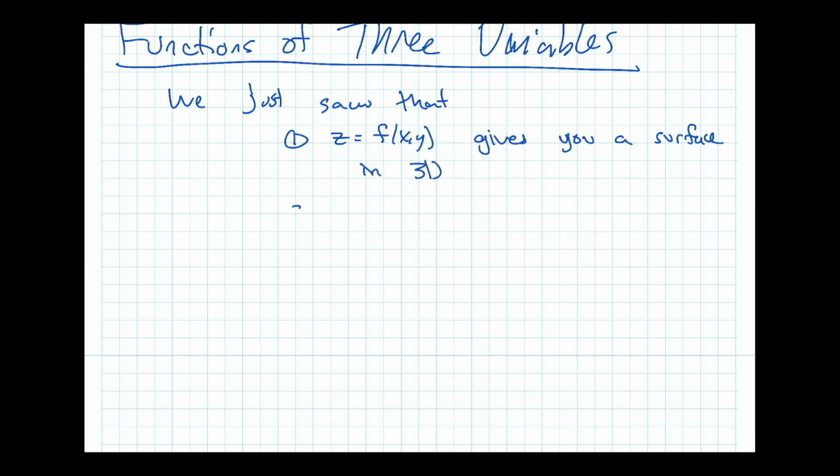Right? We saw that. The other thing we saw was that if you fix z to be a constant, if you set z equals constant, you get what we call a level curve.